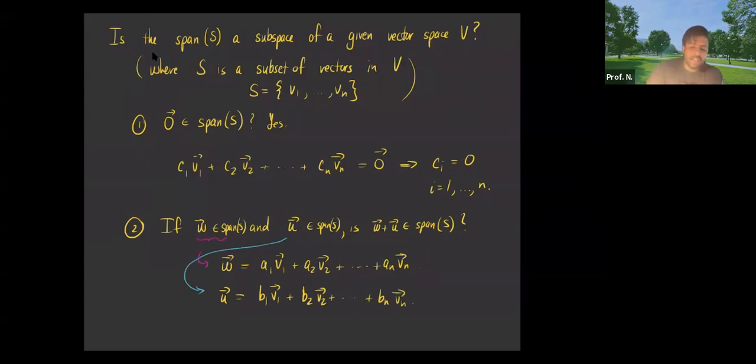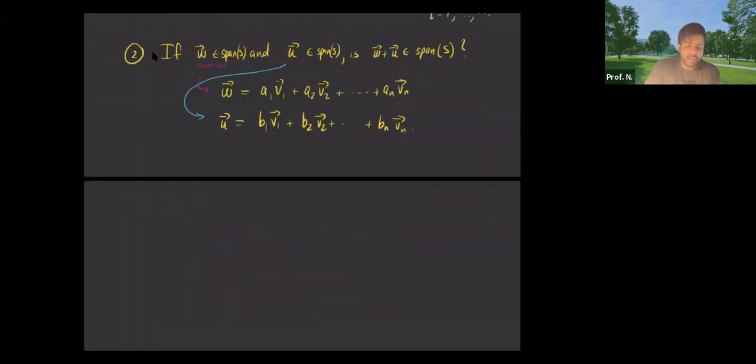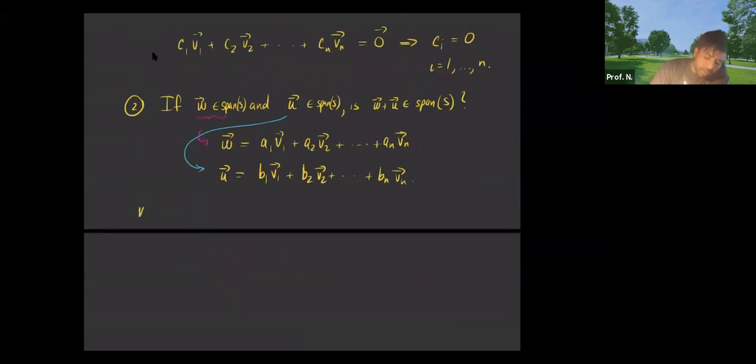If I add these together, if I were to add W plus U, would this new vector also be in the span of S? Equivalently, if I add W plus U, is this new vector a linear combination of V1 through Vn? That's the equivalent question. When you add these two things together, what's going to be the result?